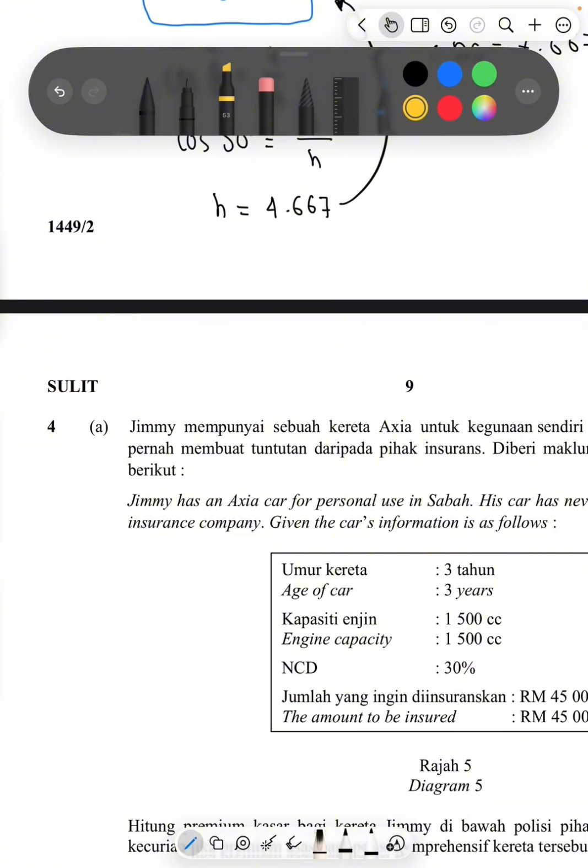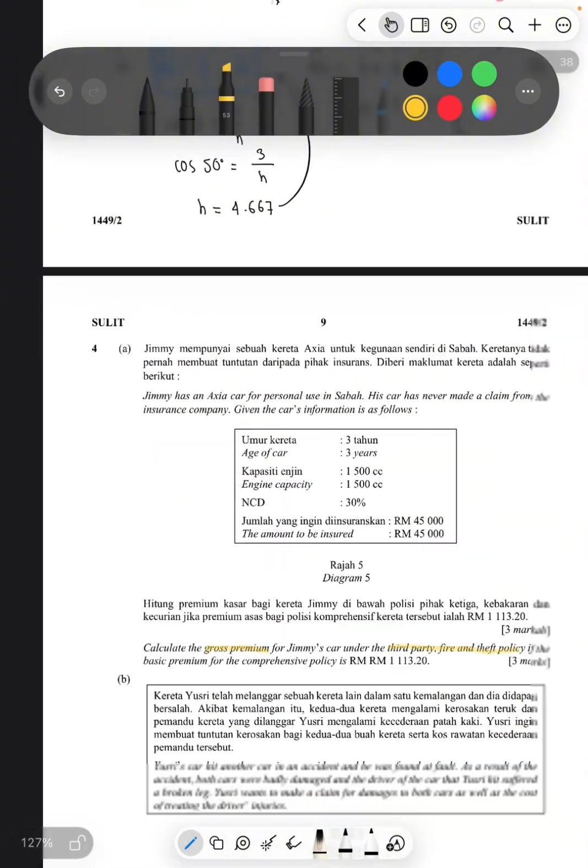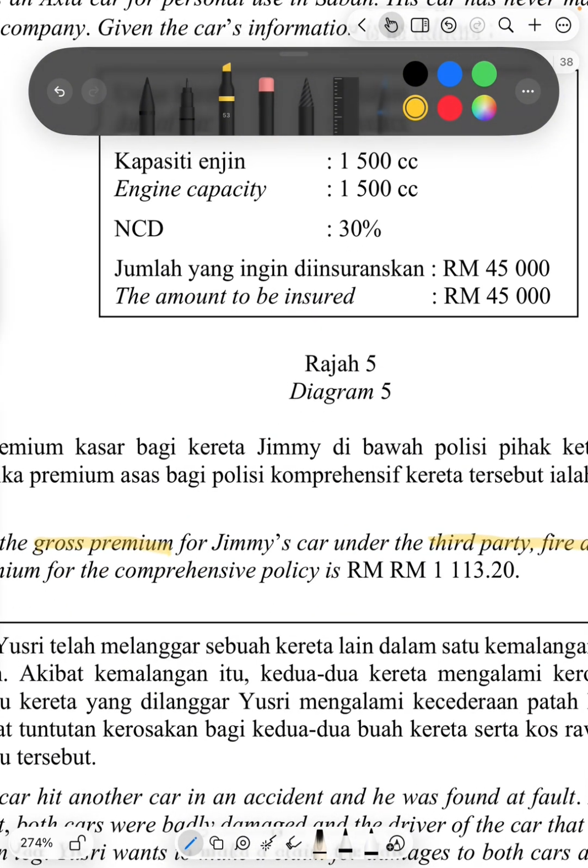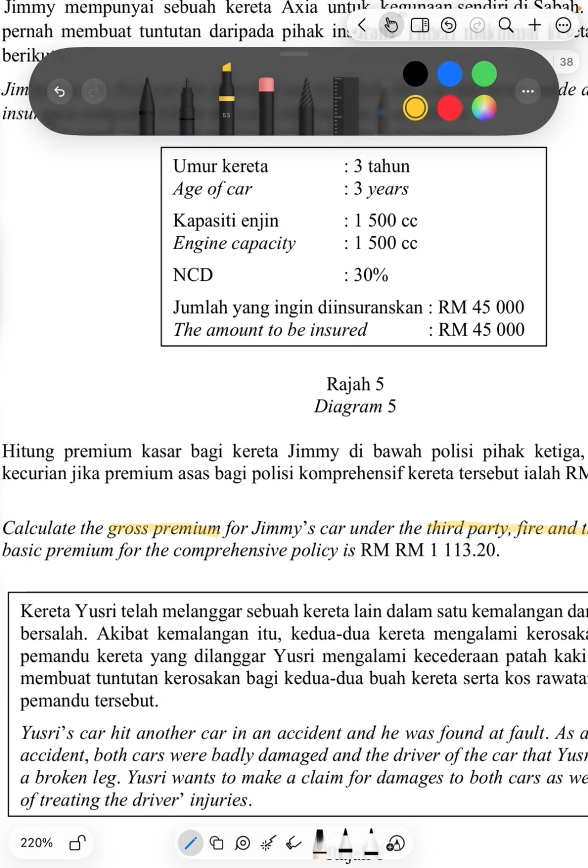So meaning that every basic premium for third party fire and theft policy, you get it by taking the basic premium of comprehensive policy and you times it with 75%. It doesn't change, it stays that way. And NCD is calculated like normal. So in this case, they already give you the comprehensive policy basic premium. So this question is being very, very kind.